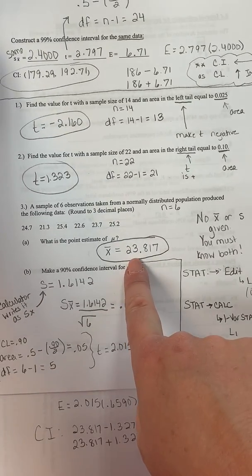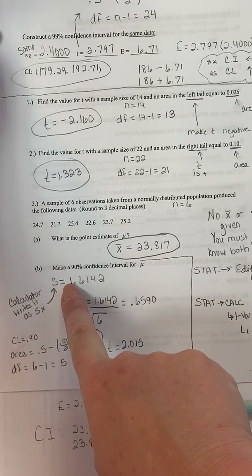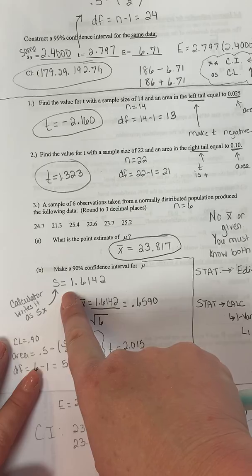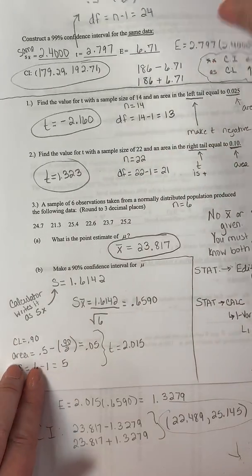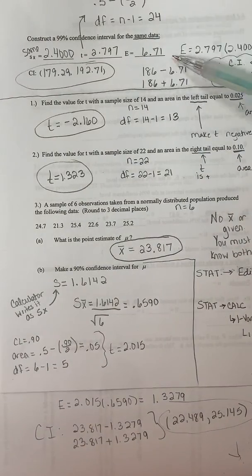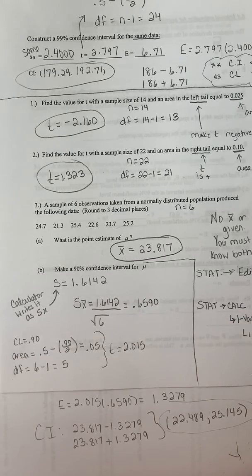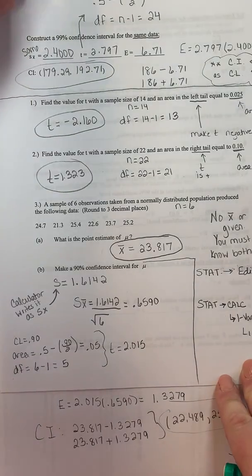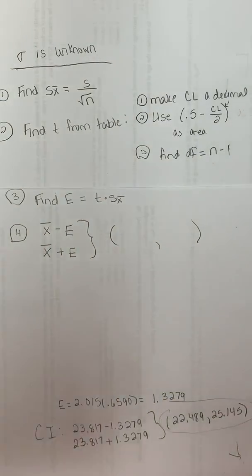That 1-var stats is going to give you X bar, and it's going to give you S. Now remember, in the calculator, it's going to say SX, but that's just plain old S. Then you're going to go through your steps. So you have to find the information that's normally given to you. You have to find it yourself in this case, and then go through the steps. So it is a little bit more work. So make sure you're prepared for that. Practice that in Wiley, and we'll also practice it on our study guide.